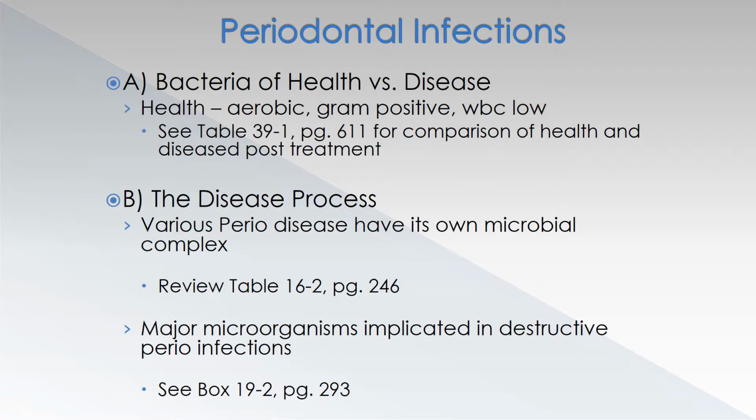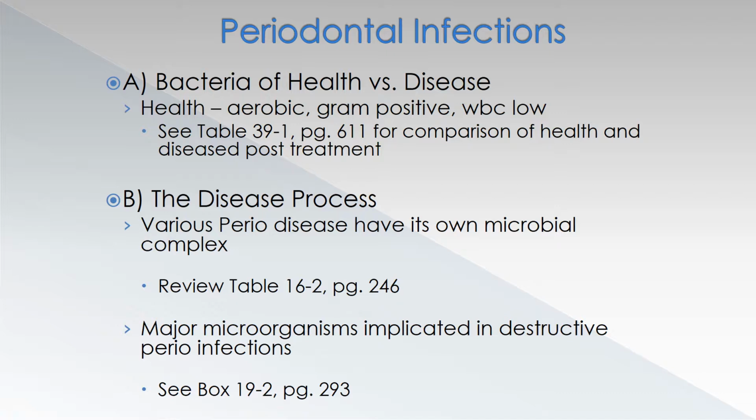Periodontal infections, we're going to talk about these a little bit later on, but do know that in health, the bacteria is going to be more anaerobic and gram-positive with really low white blood cells, next to none. Then as the disease progresses, we're going to get more pathogenic bacteria, and it's going to have its own little microbial complex.